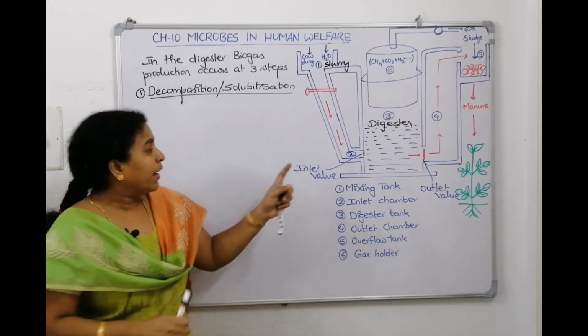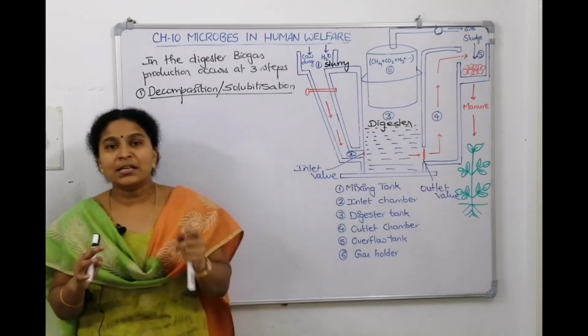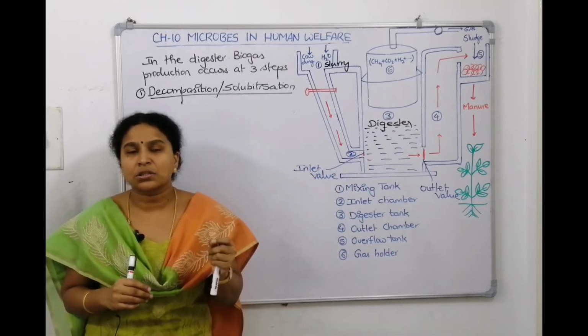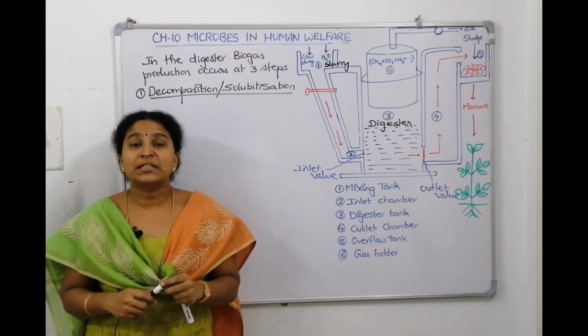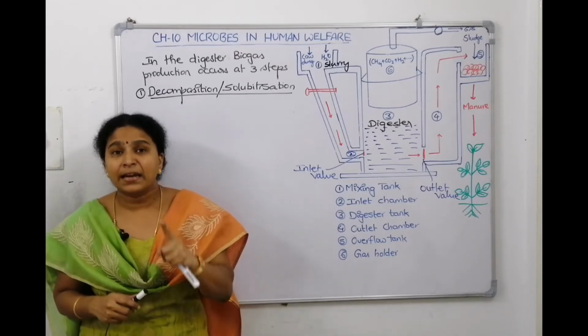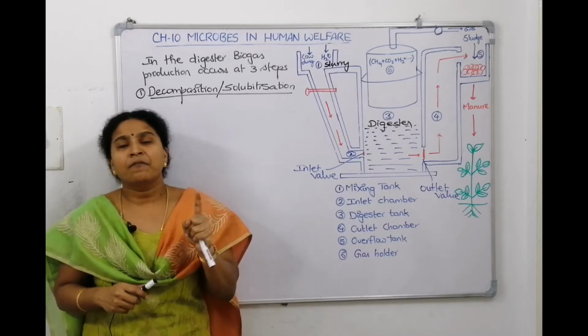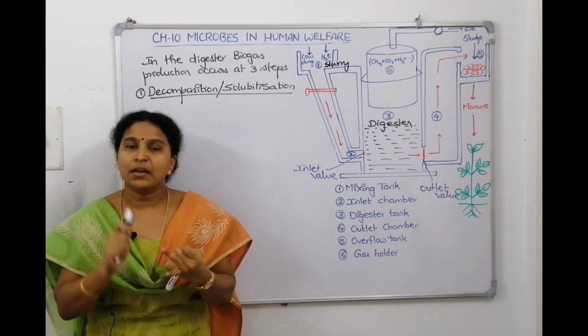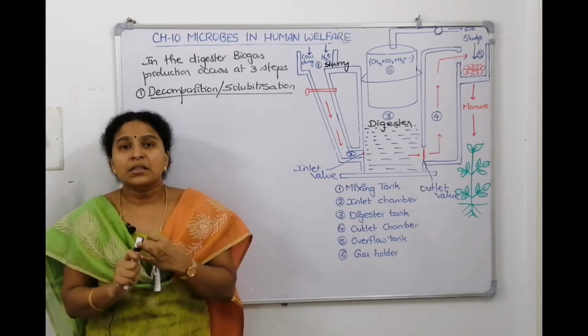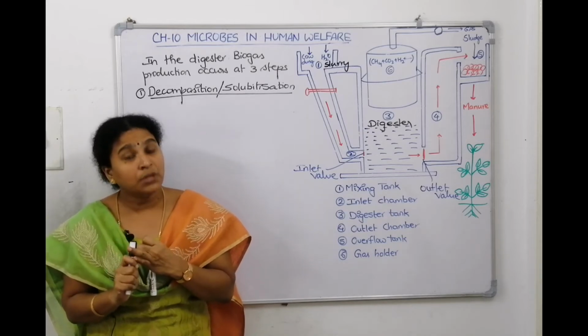When we are closing the digester, initially a little oxygen will be there, and those bacteria should survive in that oxygen also. That's why the first step is done by facultative anaerobic bacteria. Examples are Pseudomonas and Clostridium.